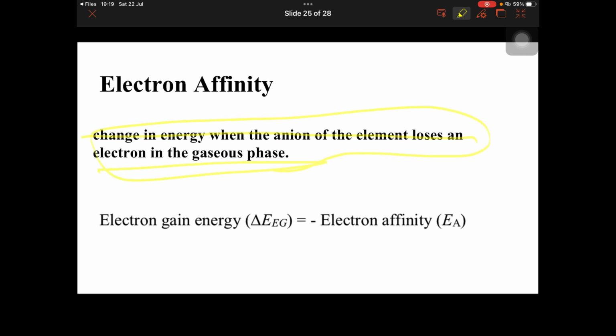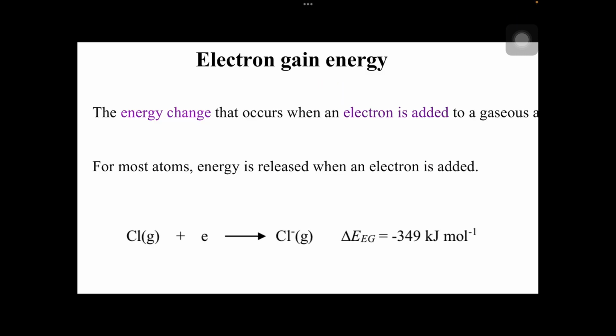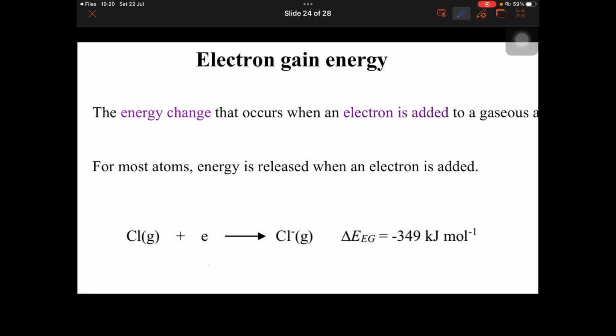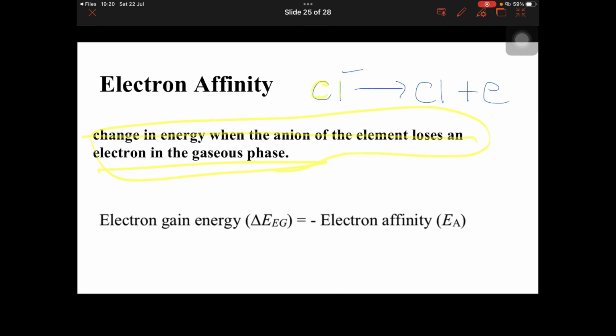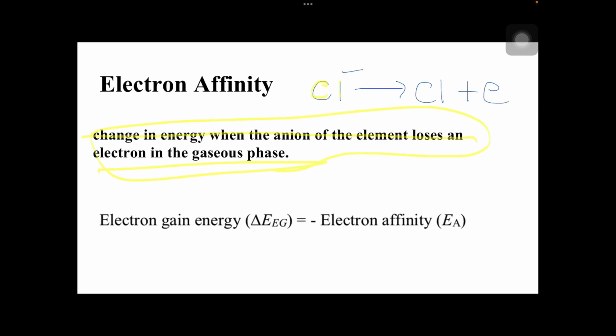It says when an anion of an element like chloride loses an electron, the change in energy. So it is quite opposite of the electron gain energy. Electron gain energy is the taking up of the electron, gaining an electron and forming the negatively charged ion, whereas electron affinity is the other way around.